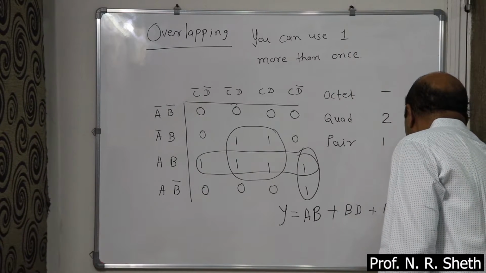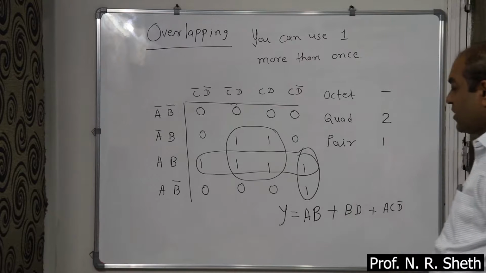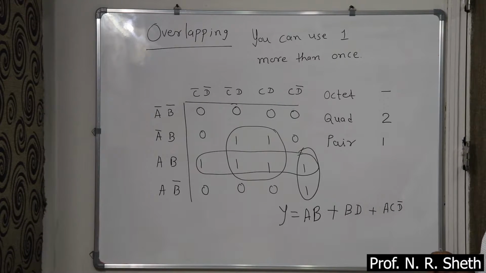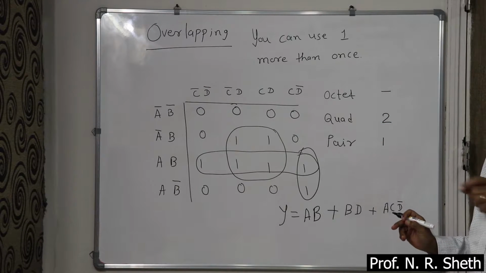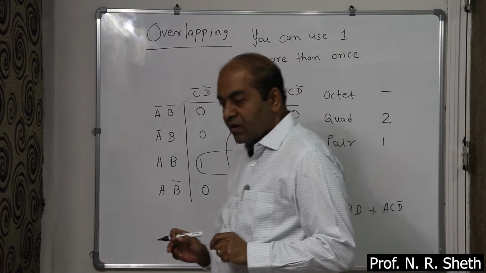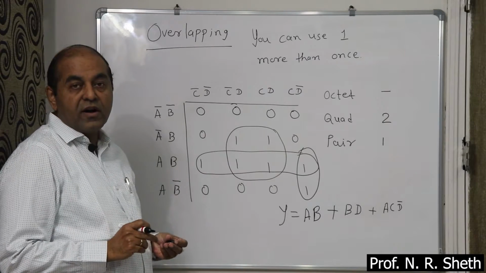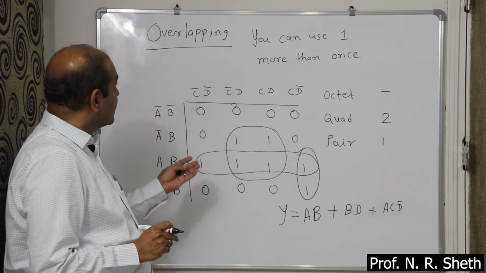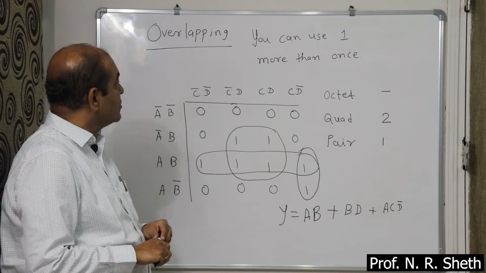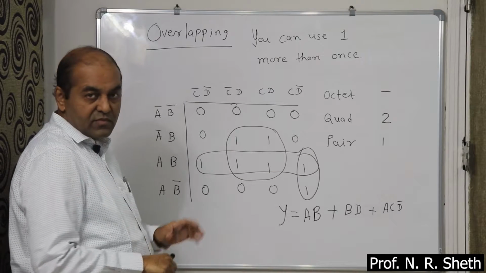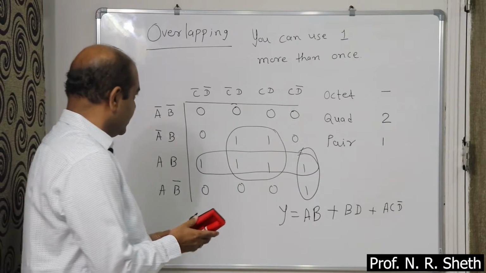So A, C, D bar. So AB plus BD plus AC D bar. So you can simplify a K-map by using this property. Overlapping means you can use one more than once. Clear? Okay. Next property is rolling.